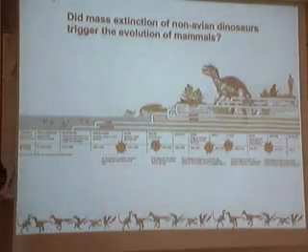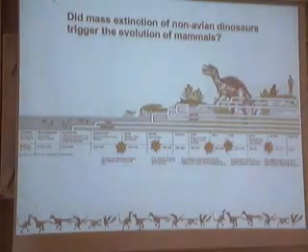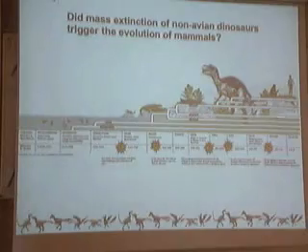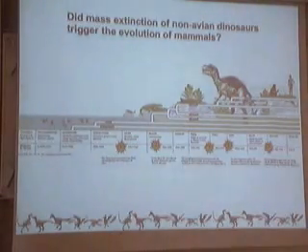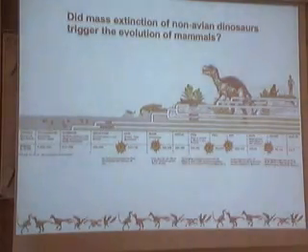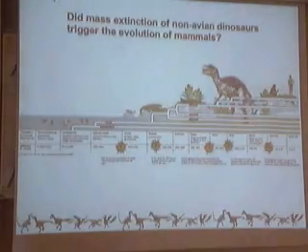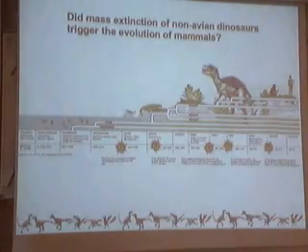And this is the large impact on Earth when it is said that we had a meteorite hitting the Earth and the dinosaurs went extinct, and after that the mammals started to diverge. This is sort of what we learned from newspapers and from a lot of popular science books.